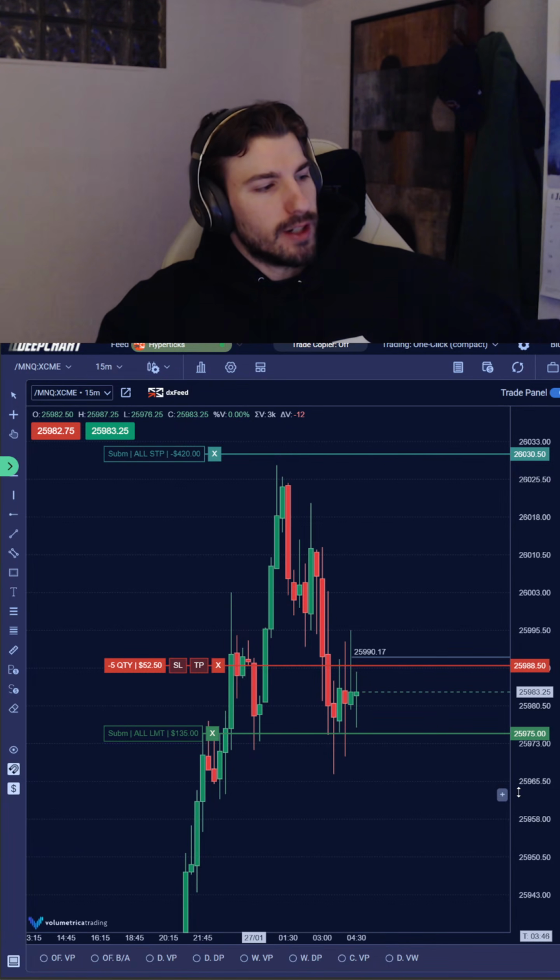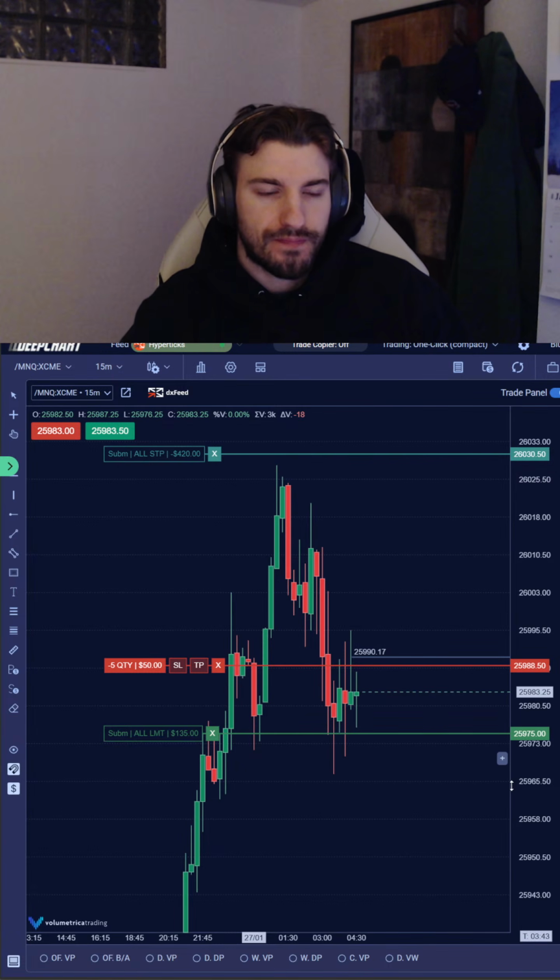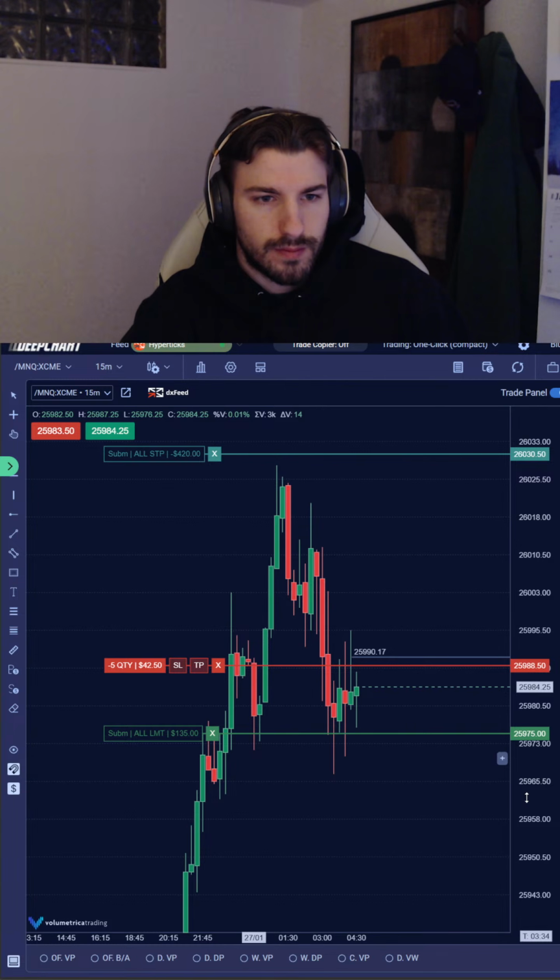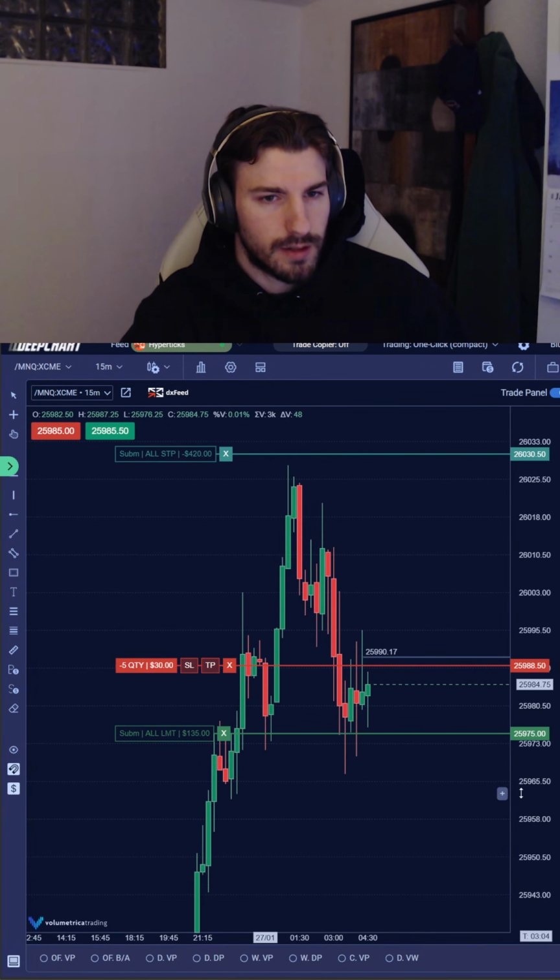Price action's being very annoying currently. It's very rare that we see NQ price action looking like this since the beginning of the year.